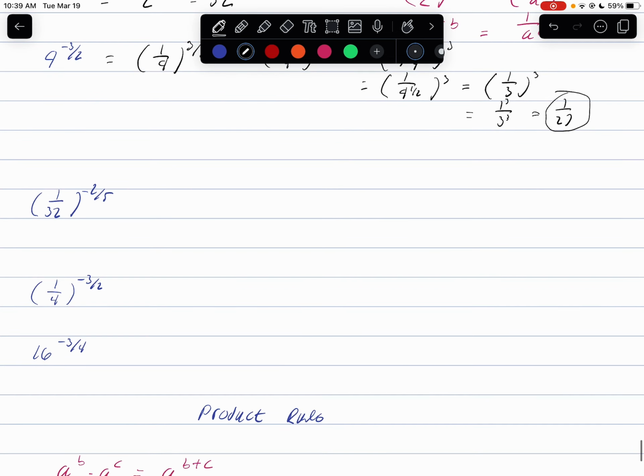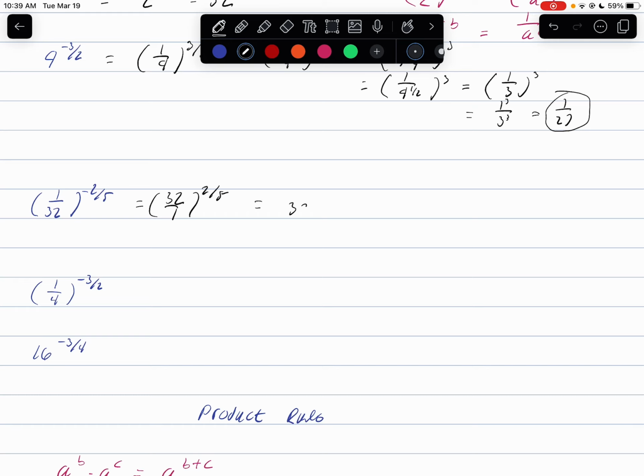Okay, how about 32 to the negative 2 over 5? Well, let's go ahead and flip this then. Right away, let's deal with that negative sign. So we're just going to flip the fraction and keep the exponent. So this is going to become 32 to the 2 over 5.